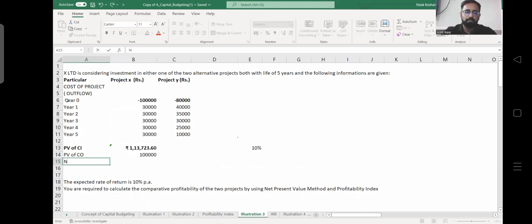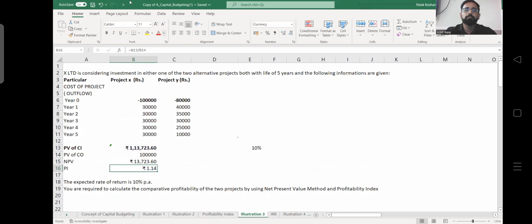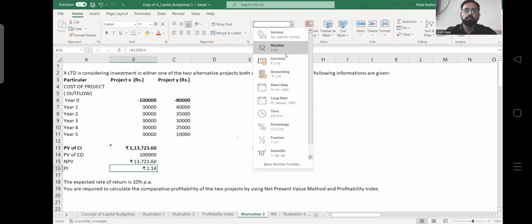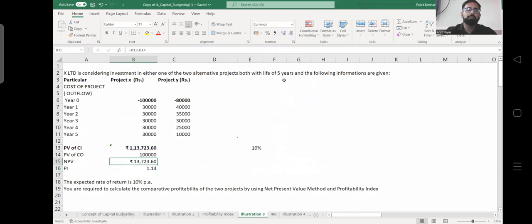Now, what is going to be the NPV in this case? NPV is going to be this minus this, right? And what is going to be PI, profitability index? That is going to be present value of cash inflows divided by present value of cash outflows. And here, if you see, PI is 1.14, right? Now I will copy this data and paste it here.